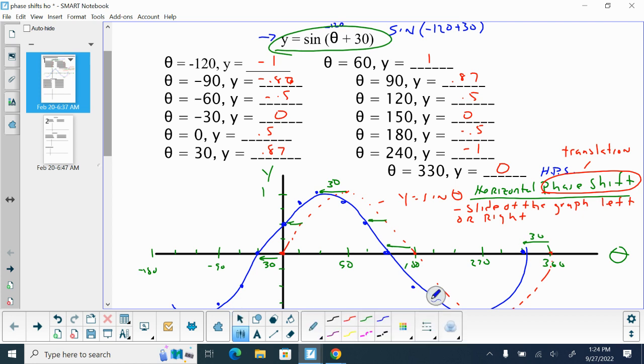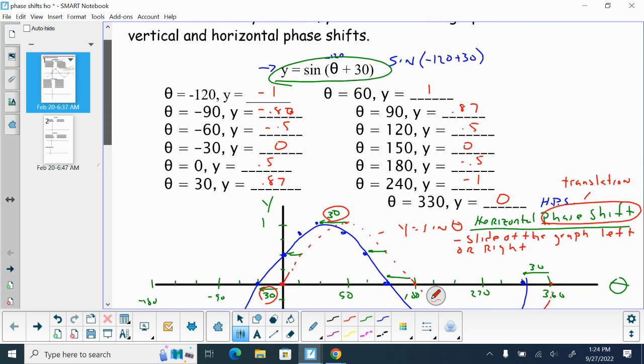Now, we have slid our graph to the left by this 30 degrees. If we take a look at our equation, we have y equals sine of theta plus 30. So we have the 30 there, but our slide to the left is a negative 30. So our horizontal translation here is negative 30, or horizontal phase shift is negative 30 degrees.